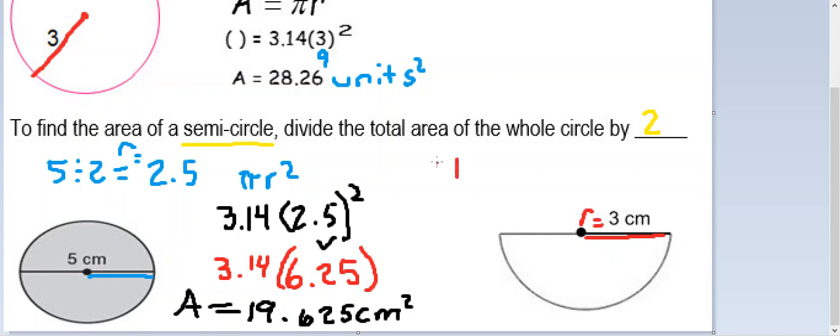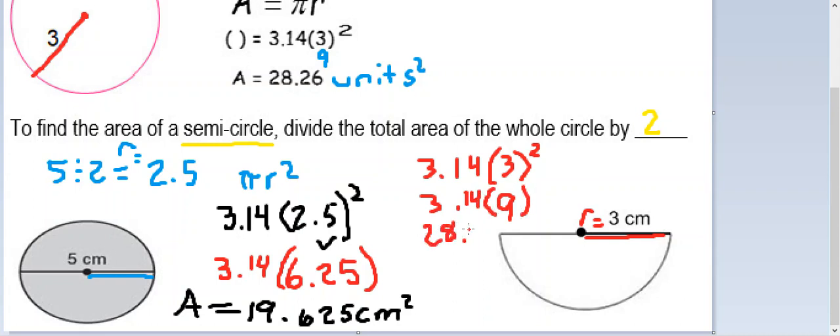So pi, or 3.14, times 3 squared. And 3 squared, I know, is 9. And then I would have 3.14 times 9, which gives me 28.26. But that's for a full circle. I only want half a circle.